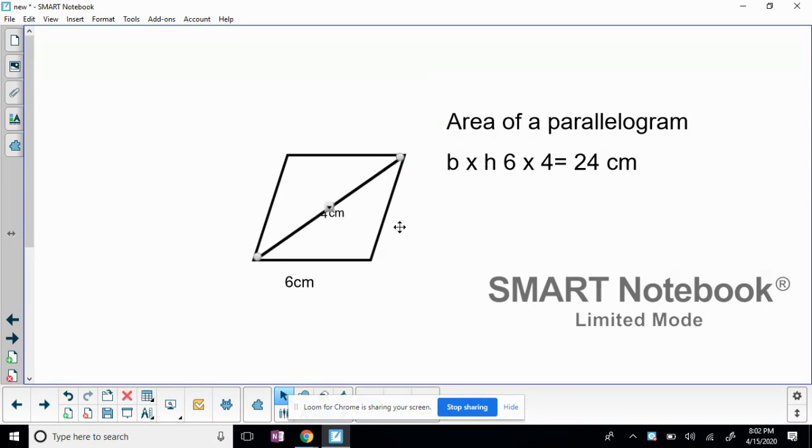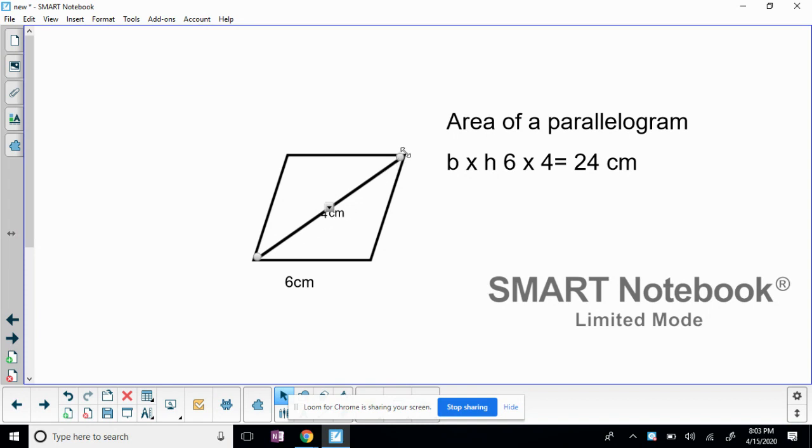Okay. 2 triangles. So that's why you divide it by 2, because these shapes that I've been showing you, the formula is base times height. But when you're dealing with a triangle, you have to remember to divide it by 2. So think of it like this. Breaking down 24 centimeters into 12 centimeters and 12 centimeters. Okay? So the area of the parallelogram is 6 times 4.